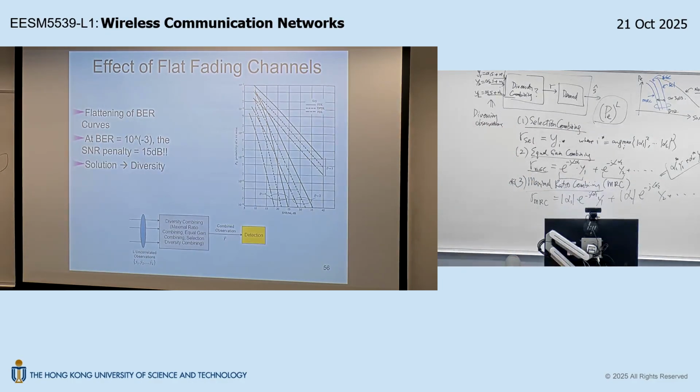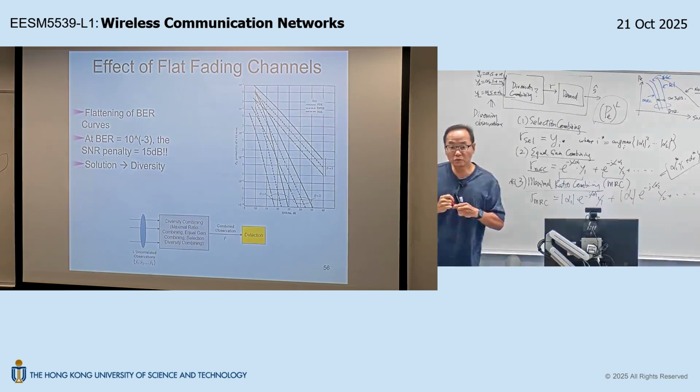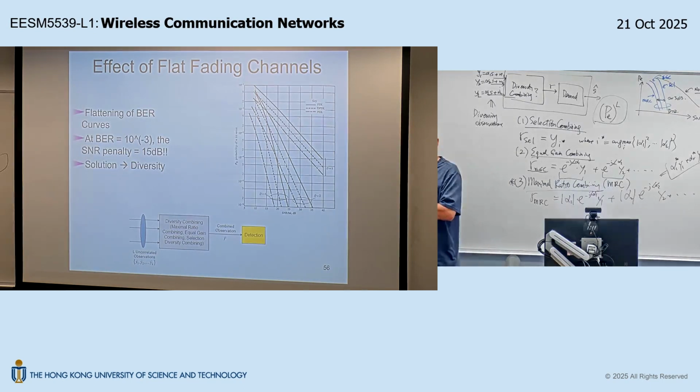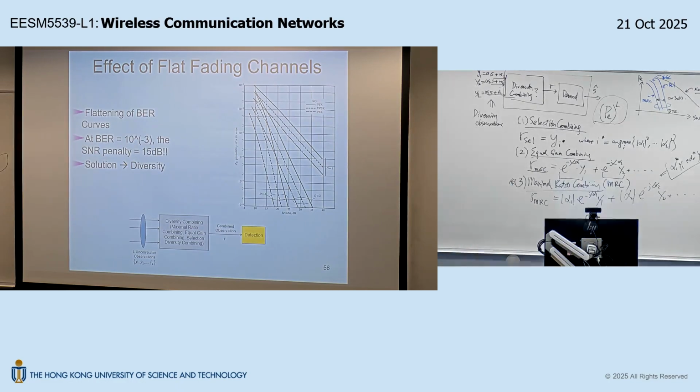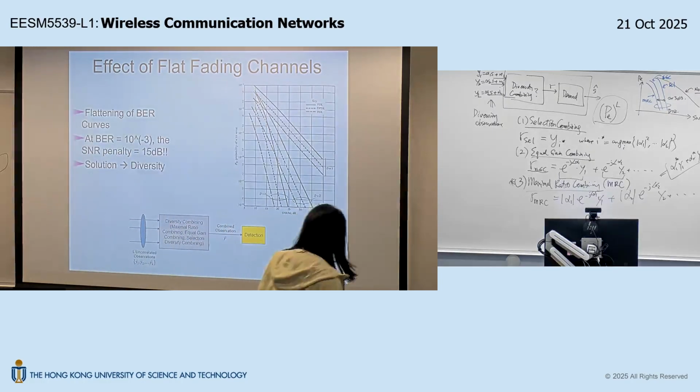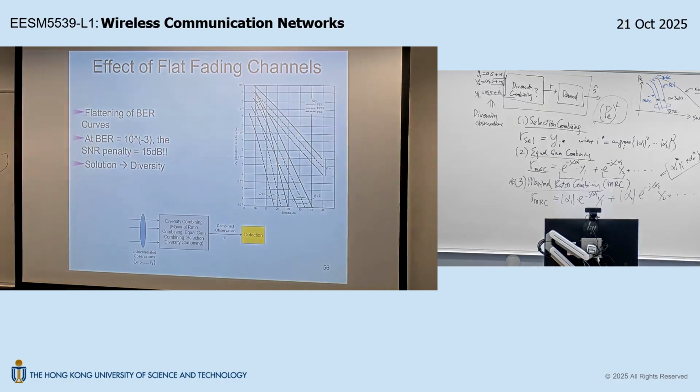So this preamble enables the receiver to estimate the channel. Why do I say this? The observation from the nth preamble transmission is given by alpha times SP, where SP is the preamble symbol, plus the noise, right?